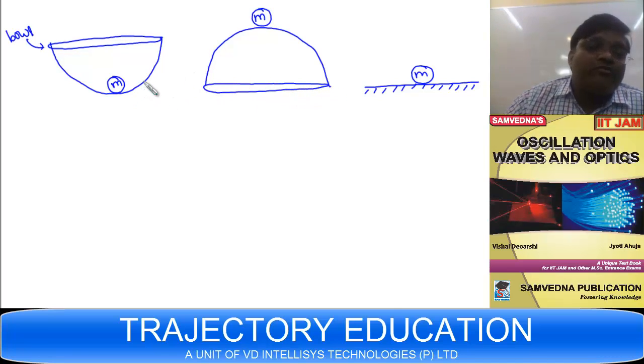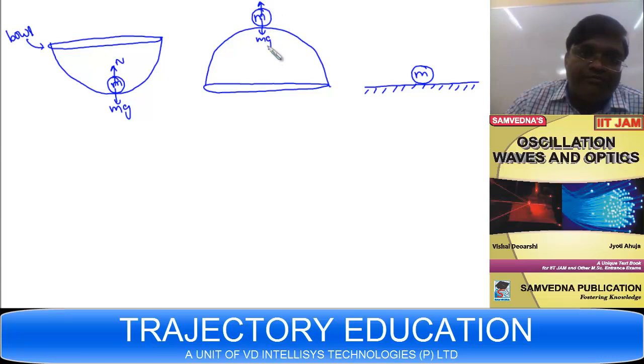If I keep it here, in all the three cases you find that the normal reaction minus mg is zero.